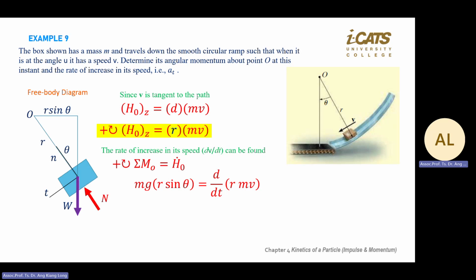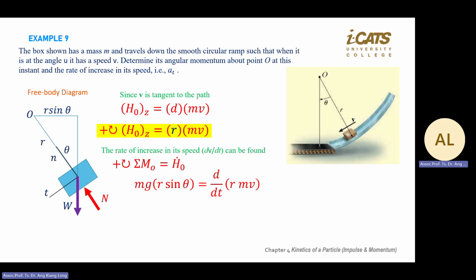How do you know the moment? You take the mg. The perpendicular distance is r multiplied by the tangent direction. So you split the W, your purple arrow, into tangent and normal direction.